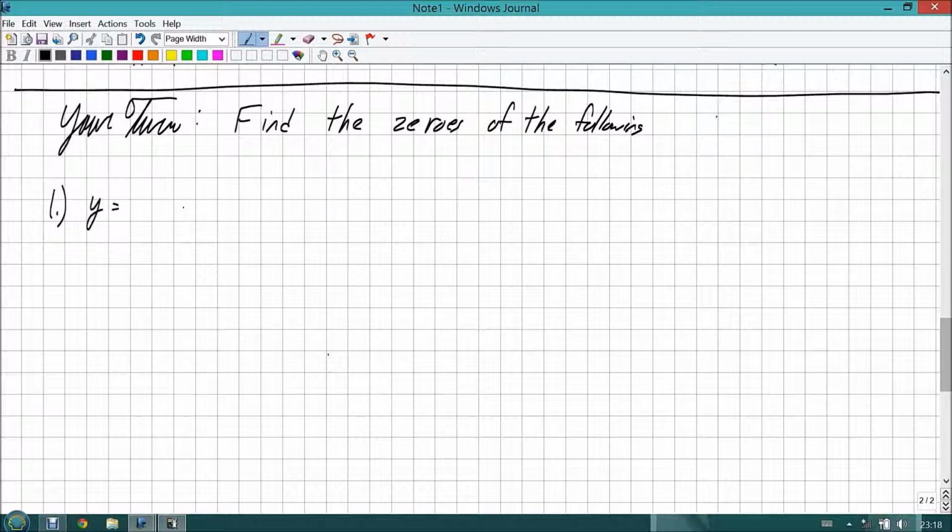Number 1 is going to be y is equal to x squared plus 2x minus 15. Sorry, plus 3x minus 15. No, I was right the first time. Sorry about that confusion. Number 2, y is equal to x squared minus 2x plus 1.